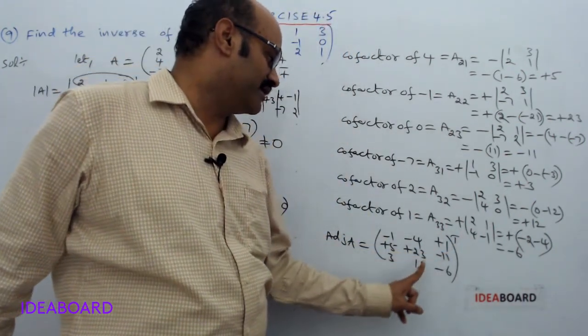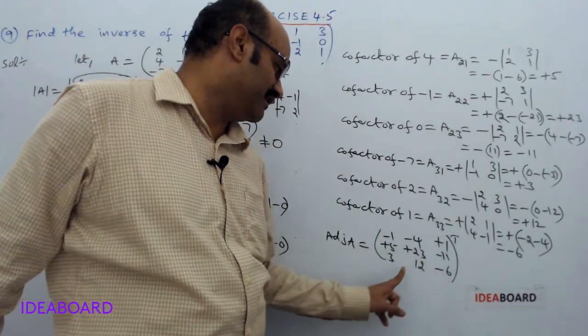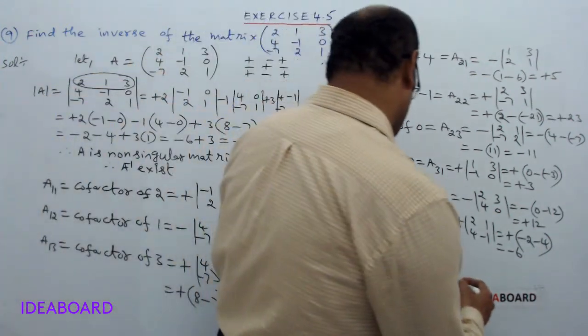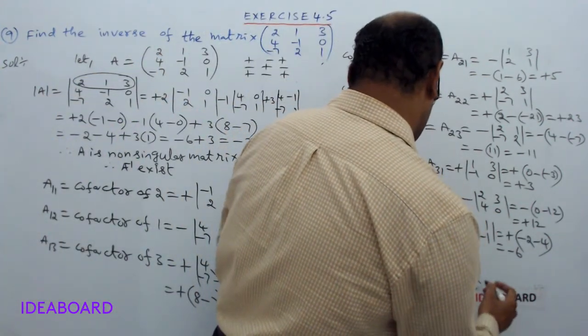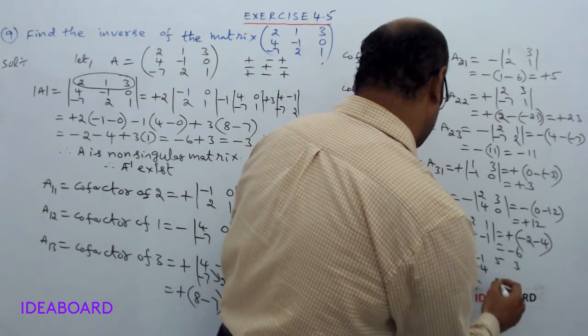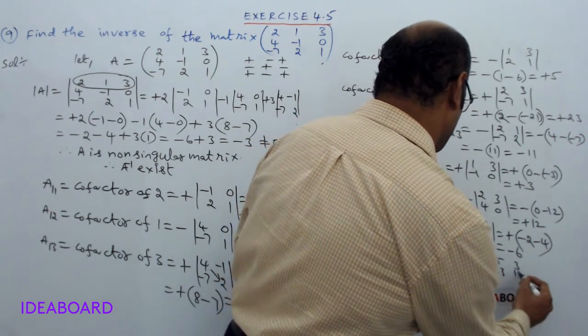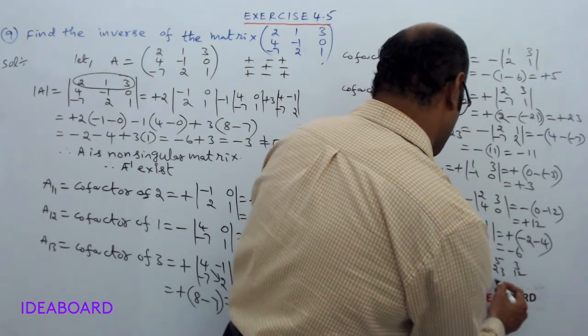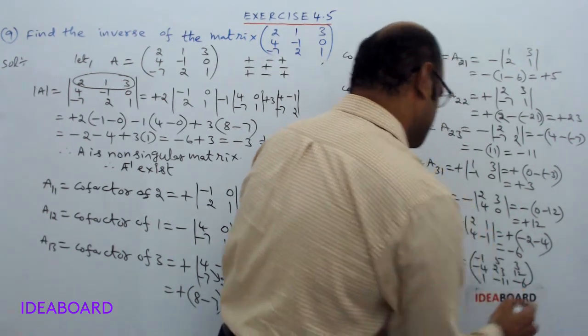The transpose of the cofactor matrix is the adjoint of the given matrix. So it equals minus 1, 5, 3, minus 4, 23, 12, 1, minus 11, minus 6.